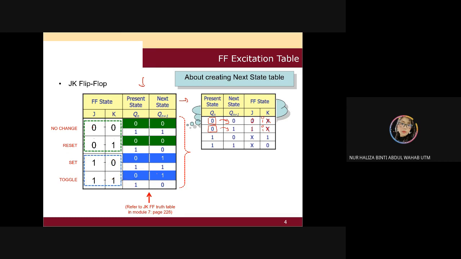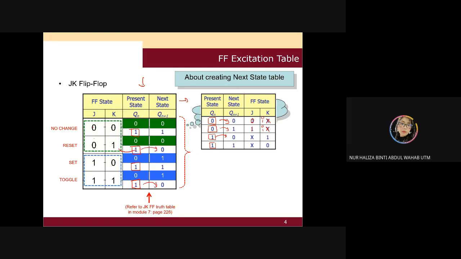Now you look into the next, when you have the present state of 1. You have present state of 1, present state of 1, present state of 1, and present state of 1. You're going to have the next state of 0. So where is it? This one and this one.